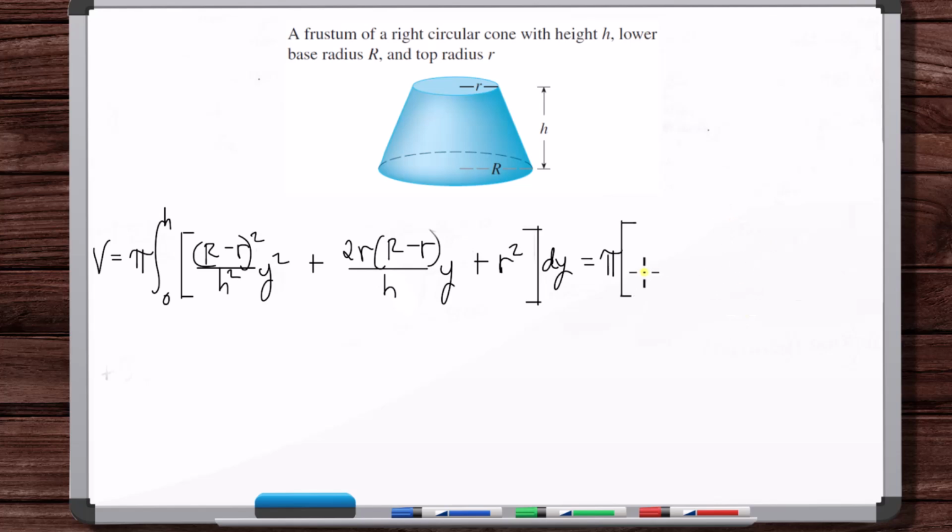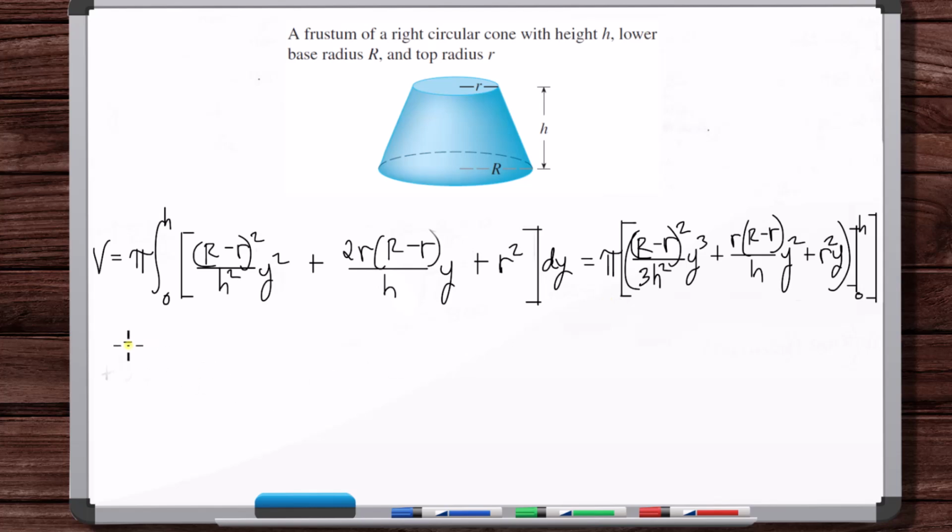So if you take this derivative with respect to y, you get this term plus this term. Okay, so this evaluated from 0 to h.